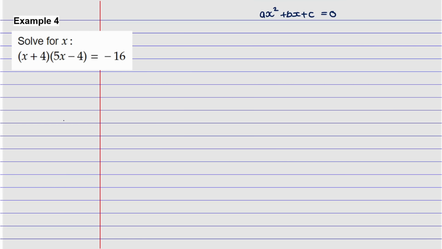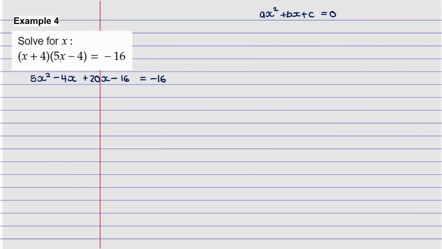So when we expand, we're going to have the following. We're going to have 5x squared, right? Then this is going to be minus 4x, right? And this is going to be what? Plus 20x. And this is going to be minus 16. And this is going to be equal to negative 16. How did I get there?